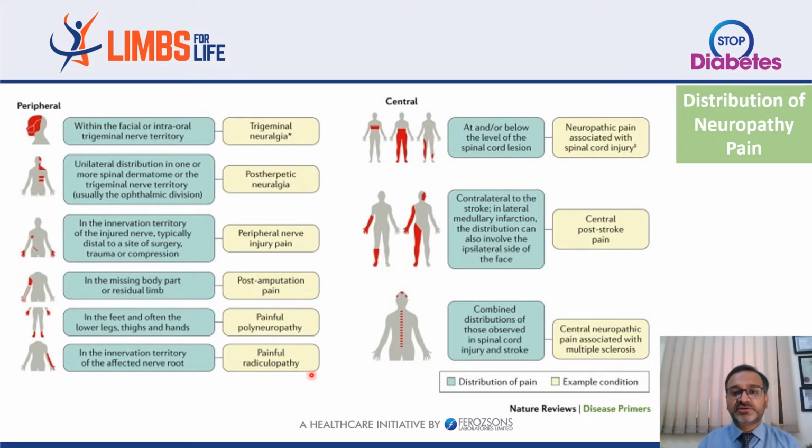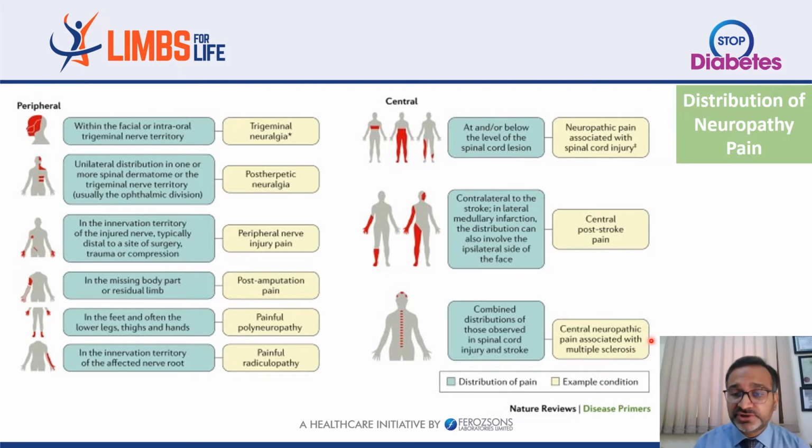Neuropathic pain associated with spinal cord injury can happen at or below the level of the spinal cord injury. Post-stroke pain can be contralateral and can be unilateral depending on the site of infarct. Ipsilateral on the side of the face, and on the contralateral side, again involving the site of infarct.